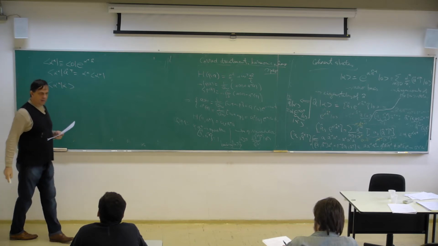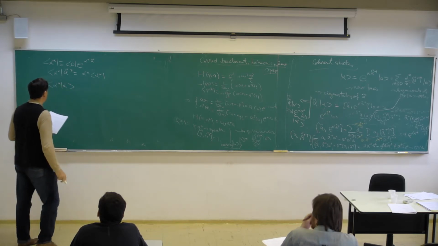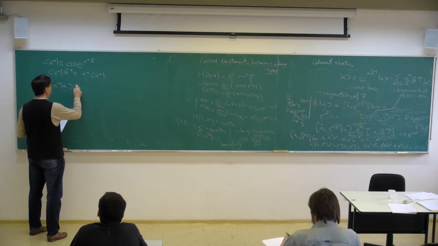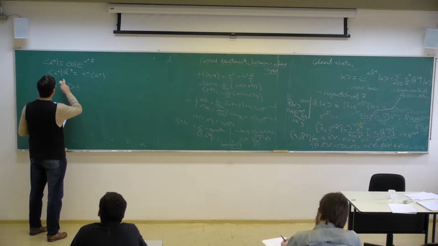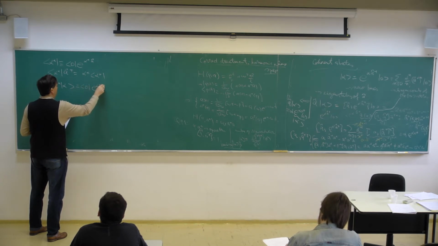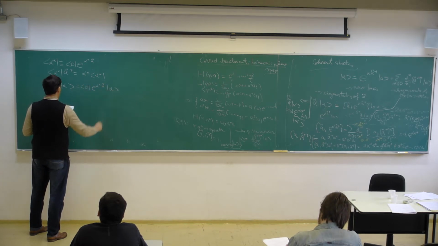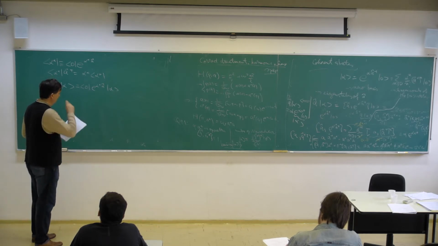And now the product of these two things, of the bra and the ket, can be written, for instance, writing 0 e to the alpha star A acting on alpha.